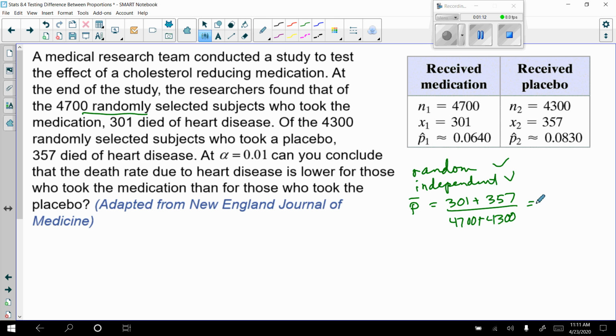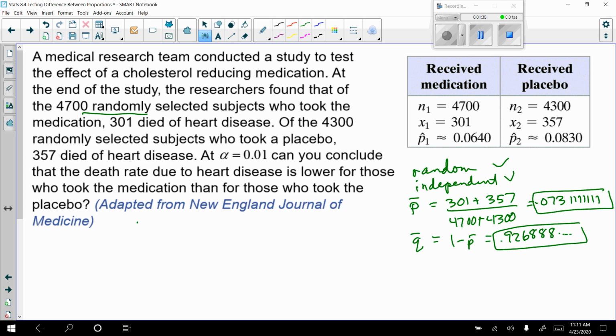That's going to give us 0.073111111, which gives us a Q bar of 1 minus that, which is 0.9268888.